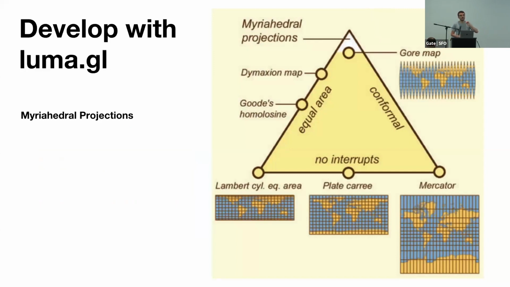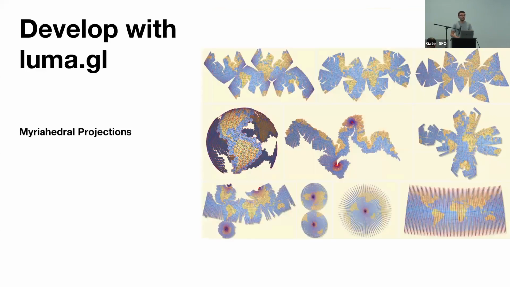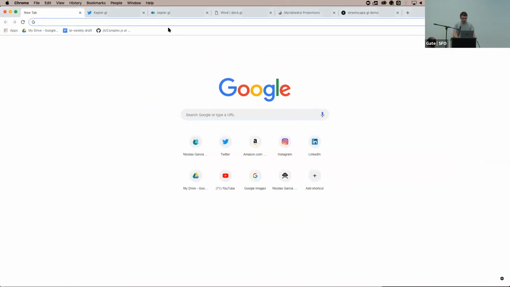It preserves angles, but the area is distorted. And then this PhD person asked himself whether he could have both equal area and conformal projections, whether there was a point at the top of that triangle that you could reach, and he created this thing called myriahedral projections. These are a few examples of myriahedral projections, but I'll show you a demo of that.